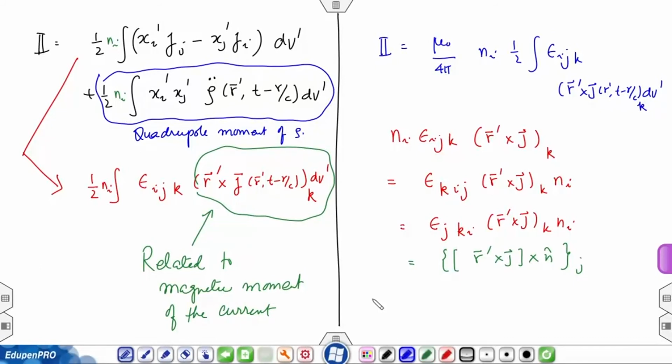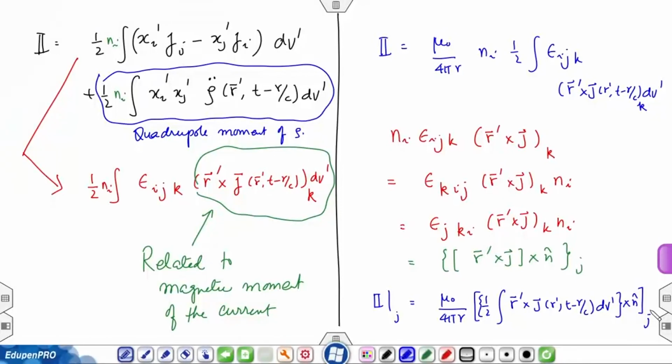So, the second term, jth component that we are after, is nothing but, there is an r also, mu naught over 4 pi r, one half integral r prime cross j, r prime, t minus r over c, dv prime, cross n, jth component.